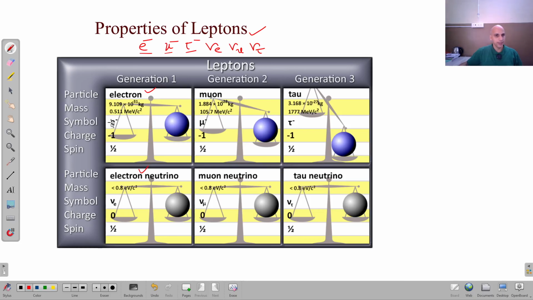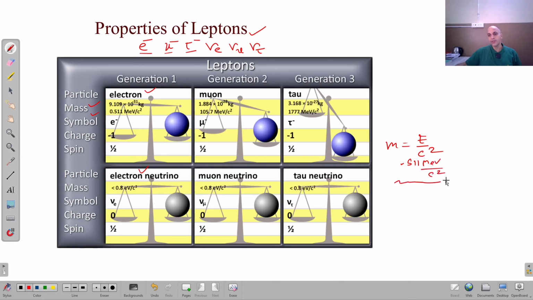So these 2 particles are in the first generation category. Their symbol is e negative. You can see the mass is given here, the mass of the electron in terms of energy. We know mass is equal to E upon c square. So it is 0.511 mega electron volt upon c square for the electron.